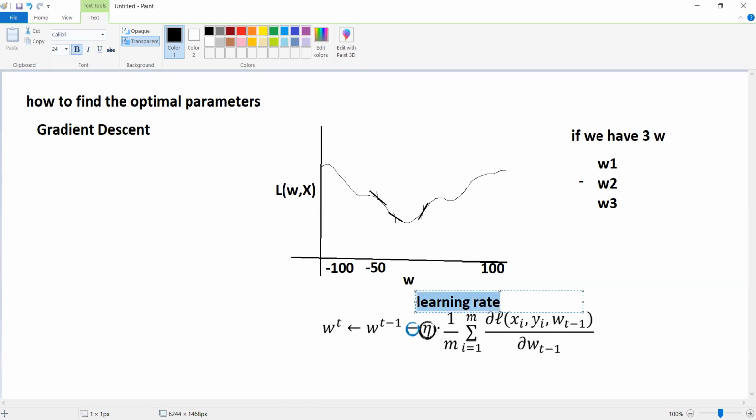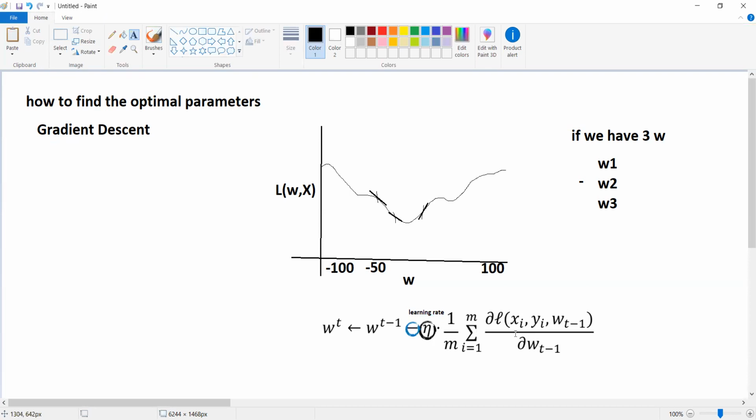So the gradient in regards to the average loss per parameter. So the average across all the data points, I should say, per different parameter.